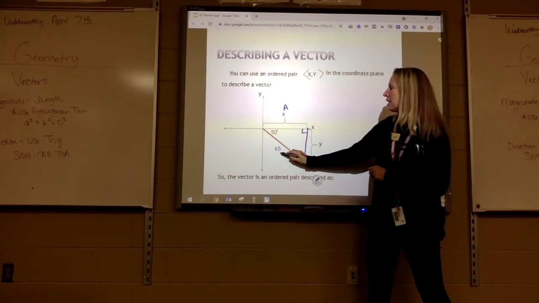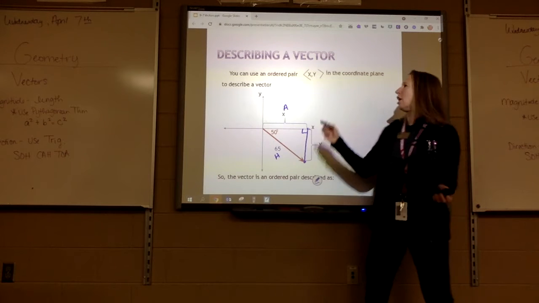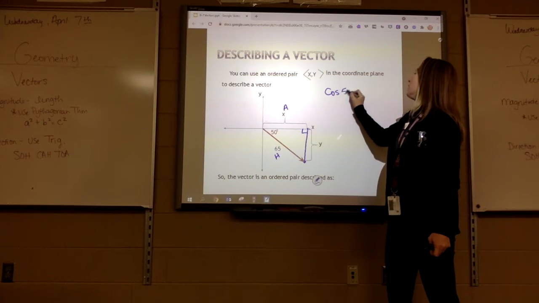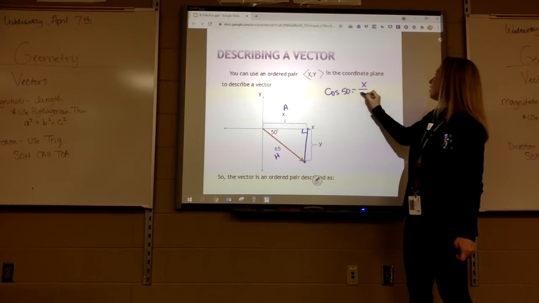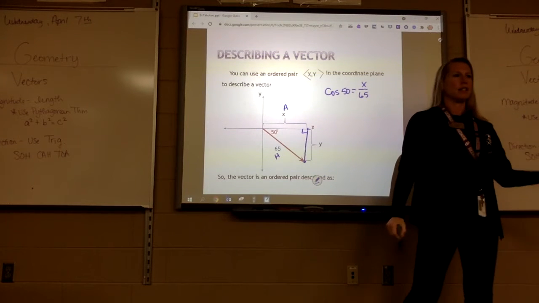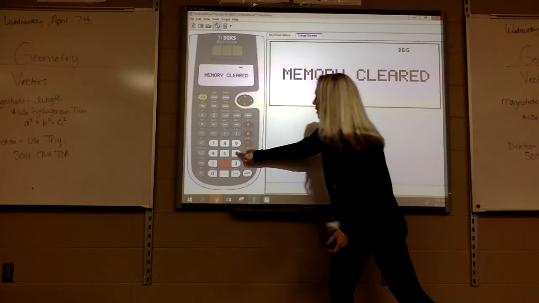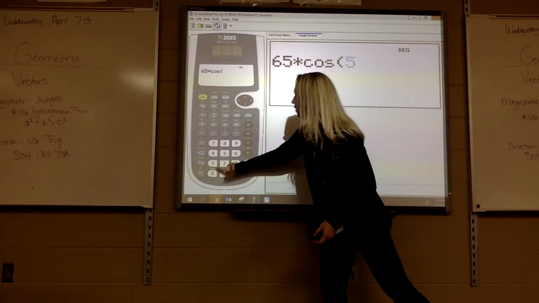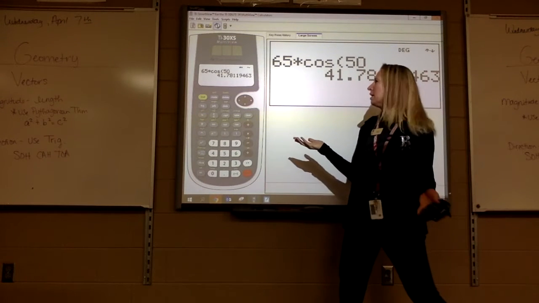Adjacent. So which trig function would we use? Cos. So cos 50, I have to put adjacent over hypotenuse, so x over 65, x is up high, multiply 65 times cos 50, and I'll get my x value, which is 41.8.